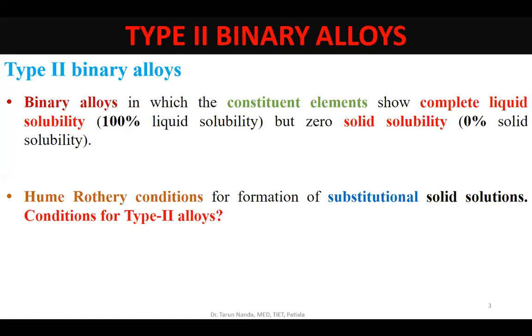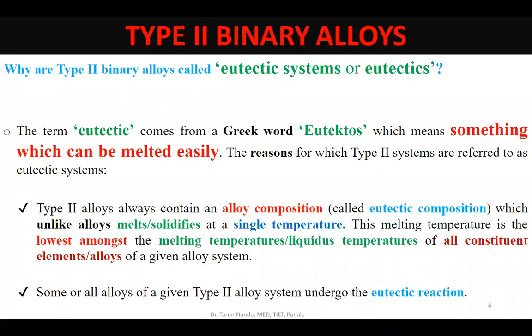Now, if these type 2 systems are not ready to form a solid solution or mixed crystals with each other, and are showing 0% solid solubility, that means that they are disobeying most of these Hume Rothery rules, right? Then these type 2 binary alloy systems are also called eutectic systems or eutectics.